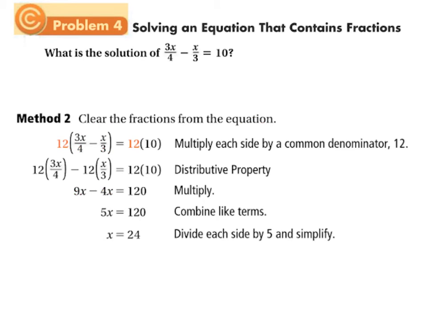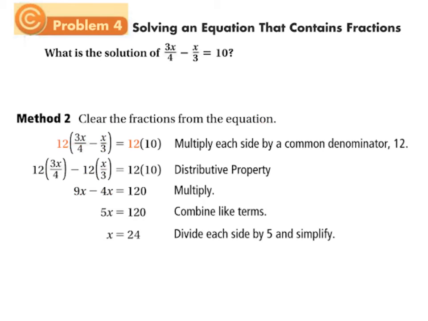First, do the distributive property. Say this multiplies each thing separately, so we're going to rewrite it like that. 12 times 3x over 4 minus 12 times x over 3. You've just distributed that to both things and written them like this. Now, what are we doing here?